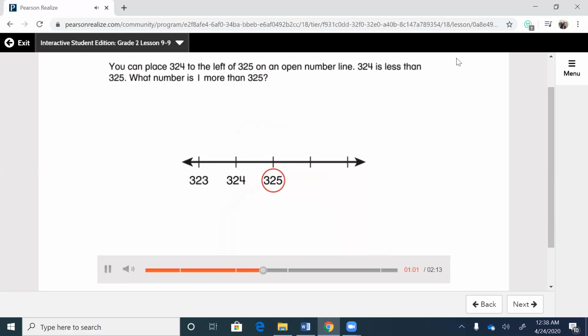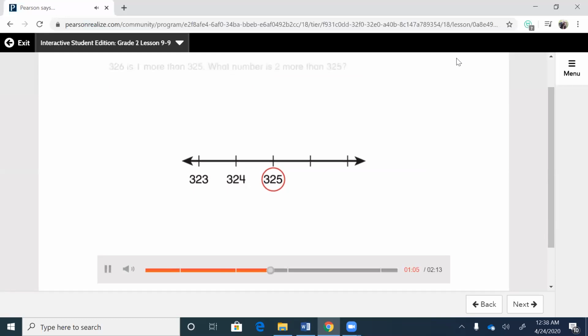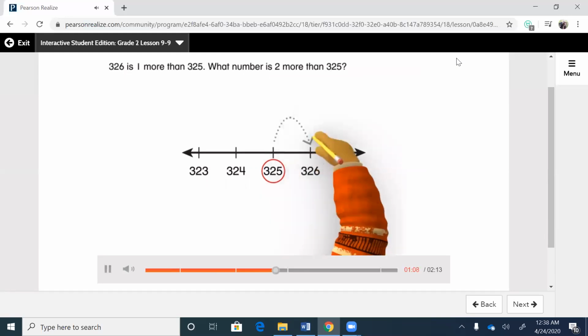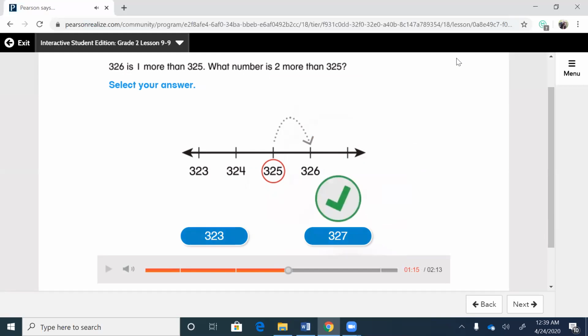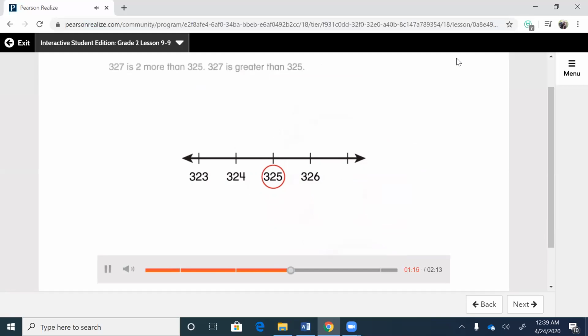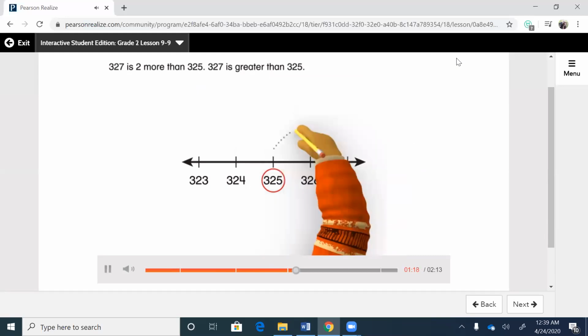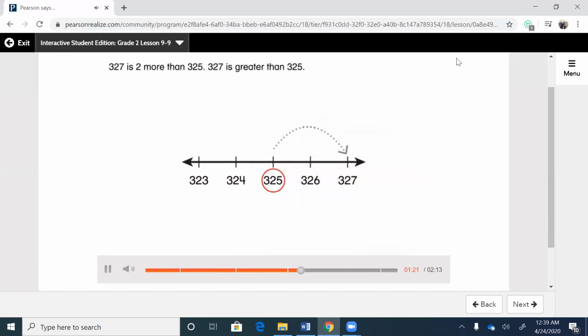See that? All right, what is one more than 325? 326. Oh, two more than 325. 327. So when it goes to the right, the number is greater, a larger quantity.